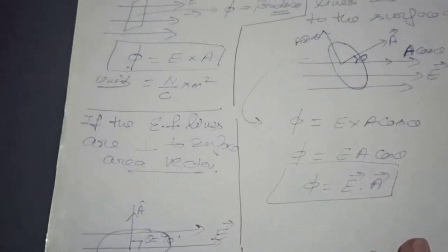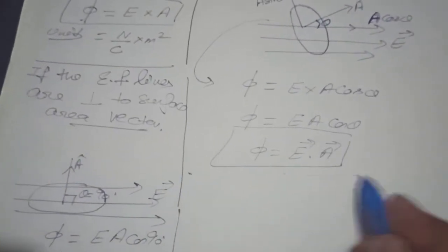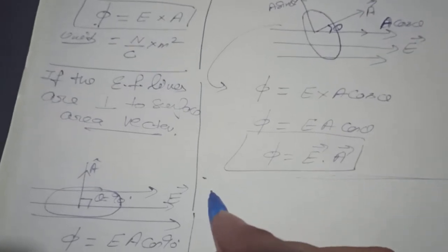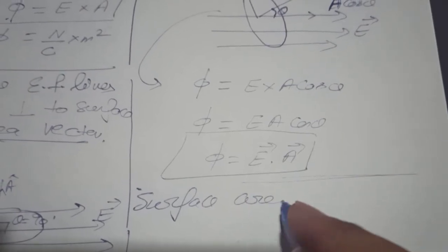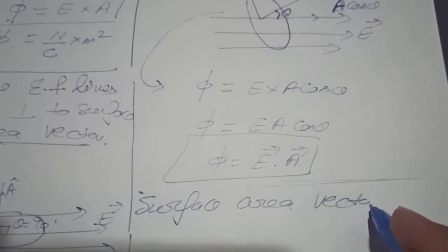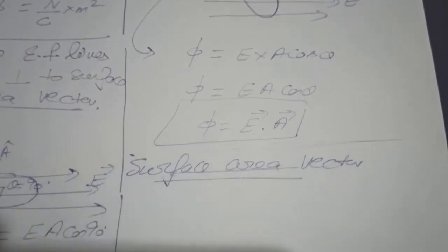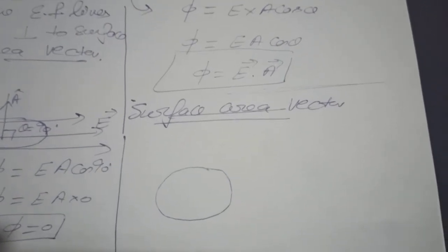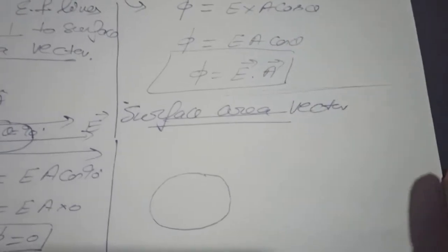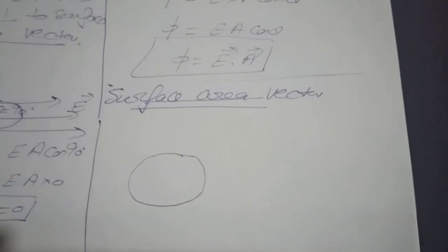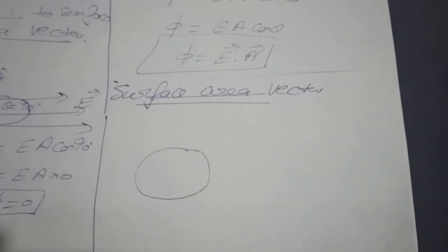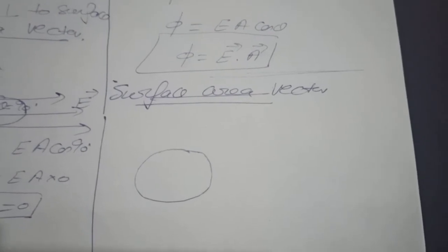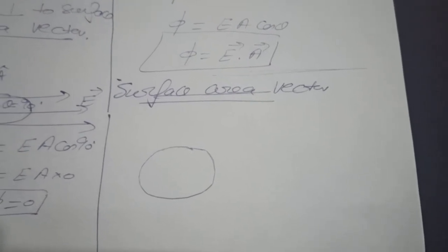So another thing which comes to our mind is, what is the surface area vector? Actually every surface area has a surface area vector. Surface area is a physical quantity, but whenever electric field lines or magnetic field lines pass through any surface area, we need the vector form of that area.